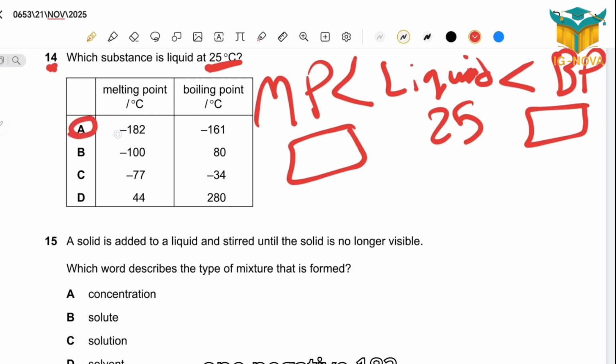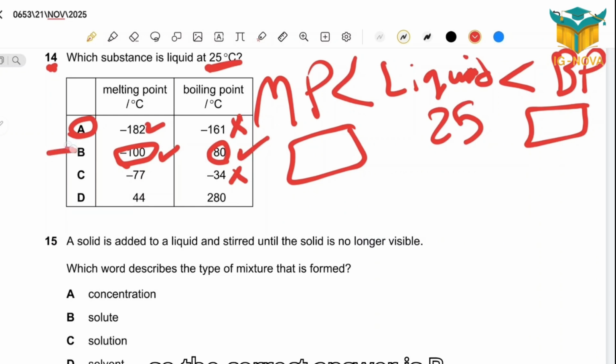Check the first one: negative 182 is fine, but this one is not more than 25. Here also negative is not more than 25. So we have two options for more than 25. Check: negative 100 is less than 25, 80 is more than 25. So the correct answer is B. And if you check D, just to confirm why it's wrong, you will find 44, which is more than 25, so it doesn't work.